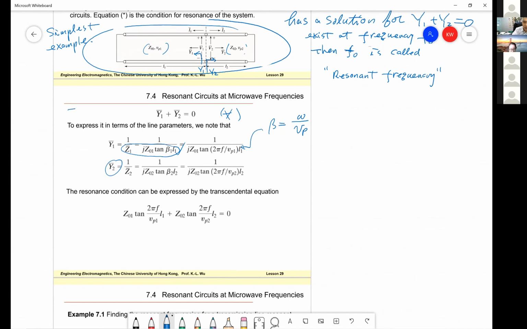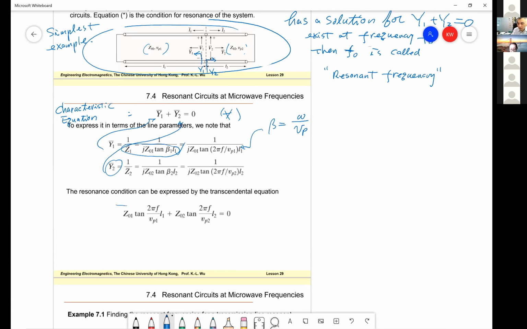We call this equation the eigenequation, or the characteristic equation. So we substitute this into the characteristic equation.